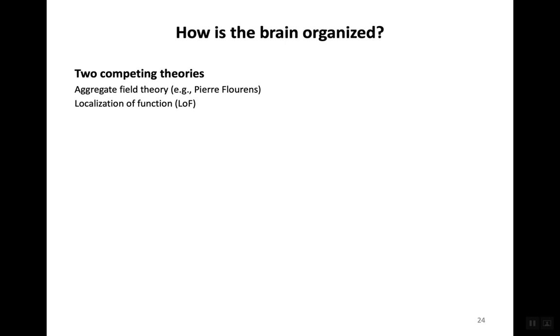So what do these competing theories claim? Well, on the one hand, we have the aggregate field theory promoted by people such as Pierre Flourens, that states that the human brain acts as a whole. There is not necessarily any specialization to a particular part of the brain. And there was plenty of evidence for this theory.